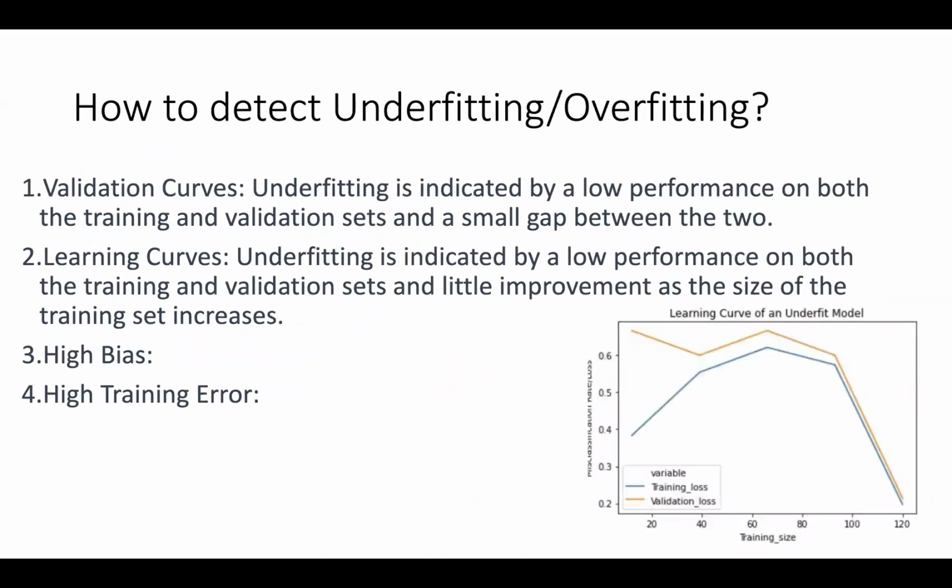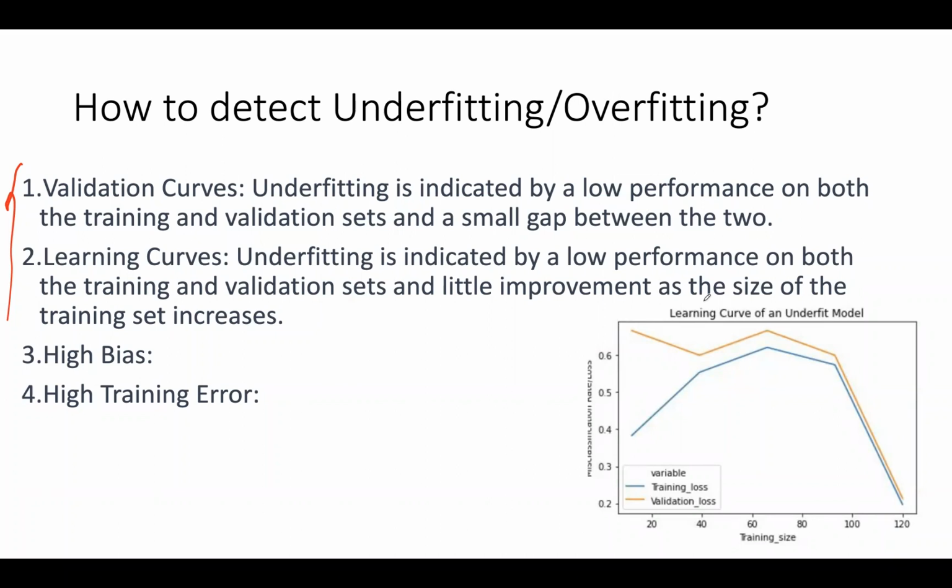All right, and then how do we detect underfitting? Here we can use validation curves and learning curves. These curves help to plot the model performance on both the training and validation sets. If we have underfitting, this will show low performance on both training and validation sets, meaning there's a small gap between the two.